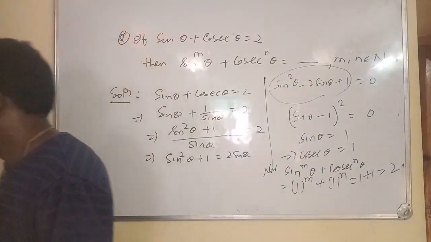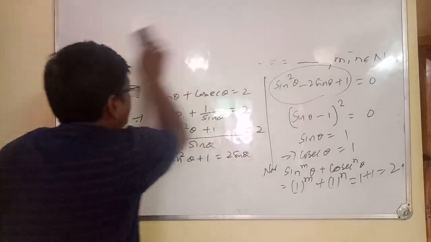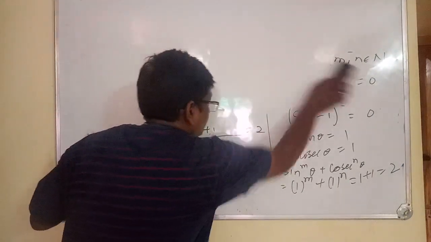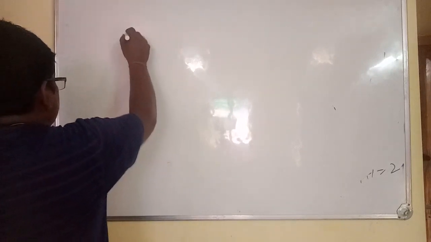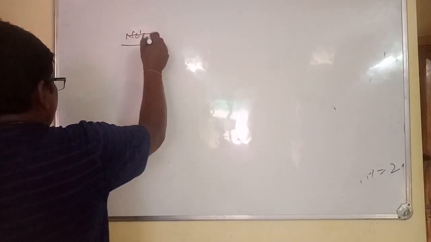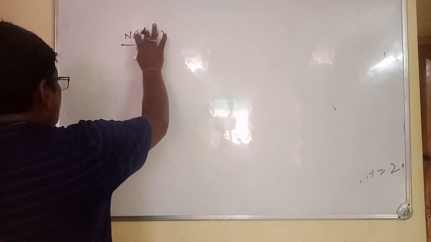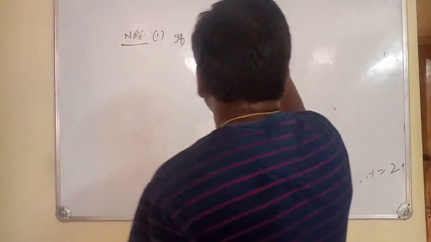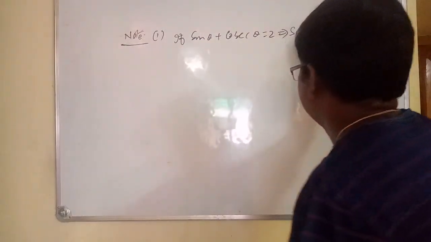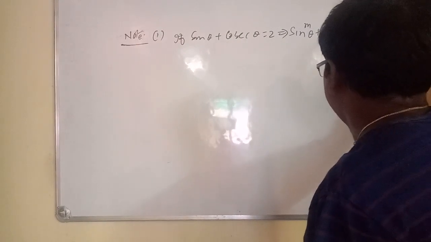Similarly, note: number 1, if sin theta plus cosec theta is equal to 2, it implies sin m theta plus cosec n theta is 2.